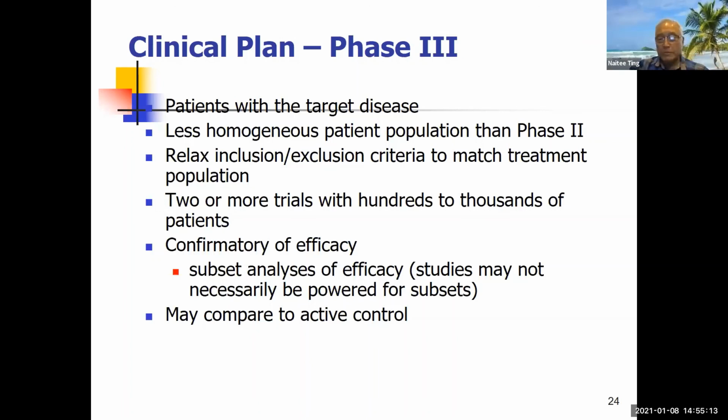You want to have at least 2 trials so they can provide replicate evidence. You want to confirm efficacy, and you want to demonstrate long-term safety. Right? Sometimes you have subset analysis. And in many cases, phase 3 trials are comparing with active control. There's already a drug approved on the market. You want to compare your test drug with the active control.